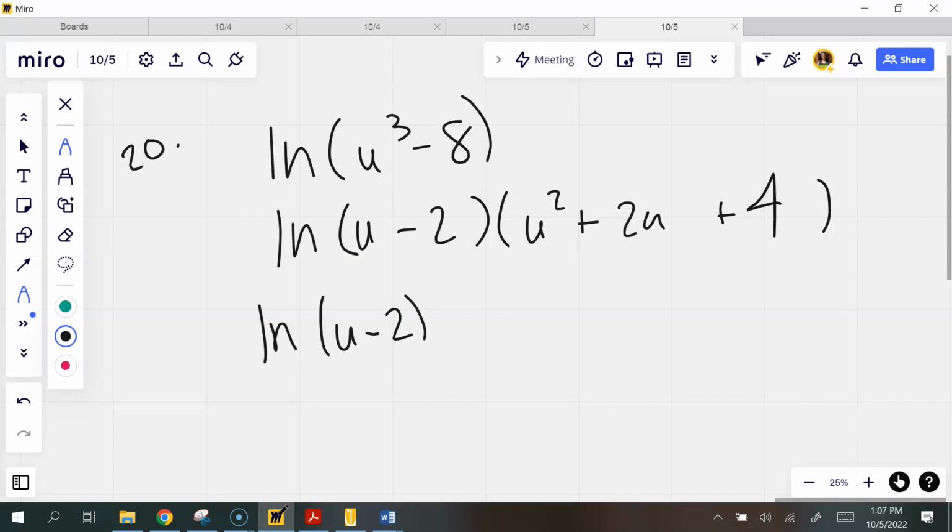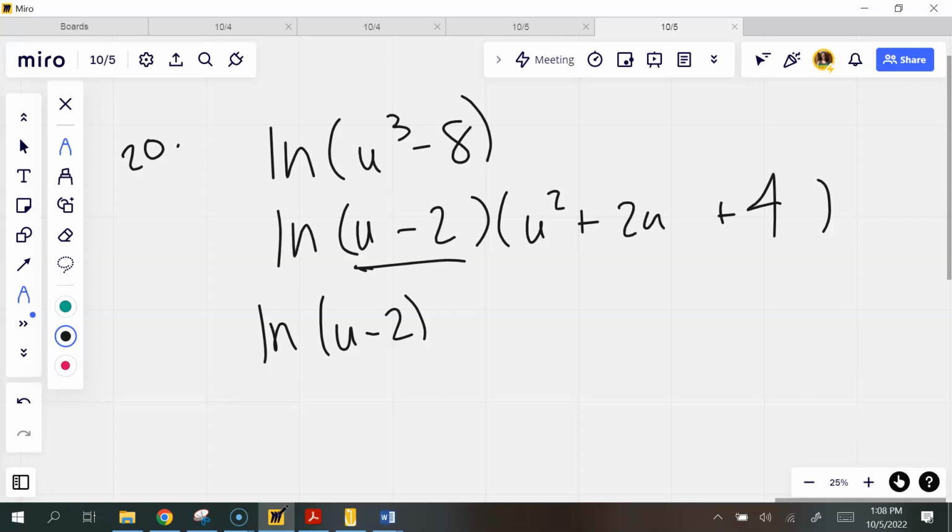This is number 20. This is called expanding a logarithm. This is still homework. Yeah, what was the second step? How do you do that? This is a difference of 2 cubes.